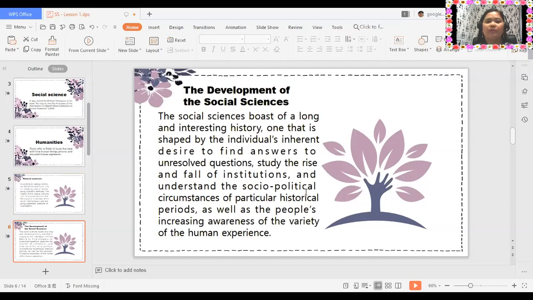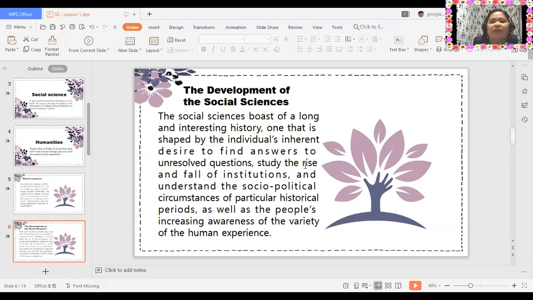Now, for the development of social sciences, we say that social sciences boast of a long and interesting history. Without humans, the development of social sciences would not happen. It is because of us.